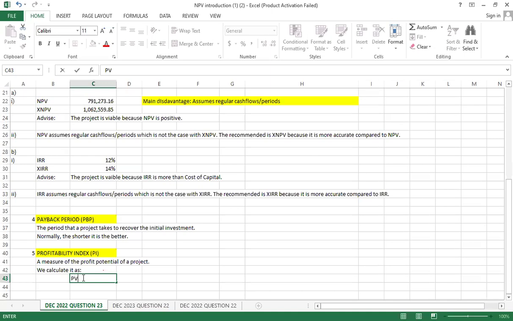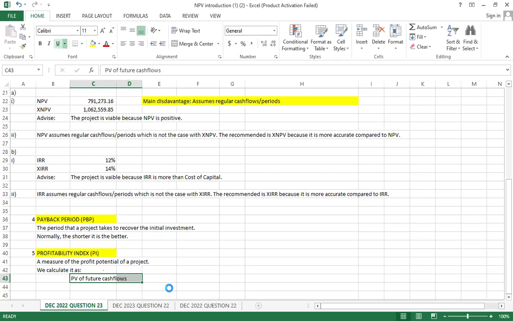You take the present value of future cash flows.